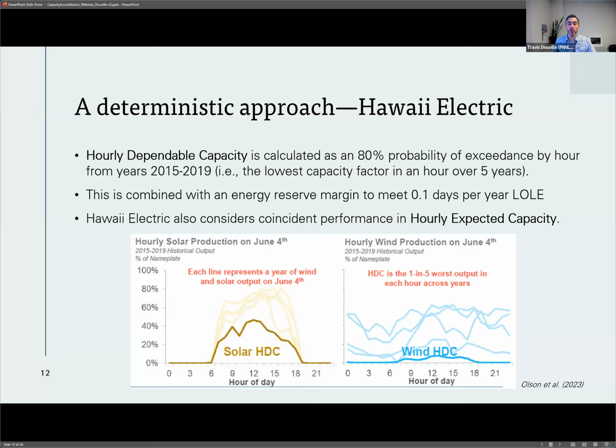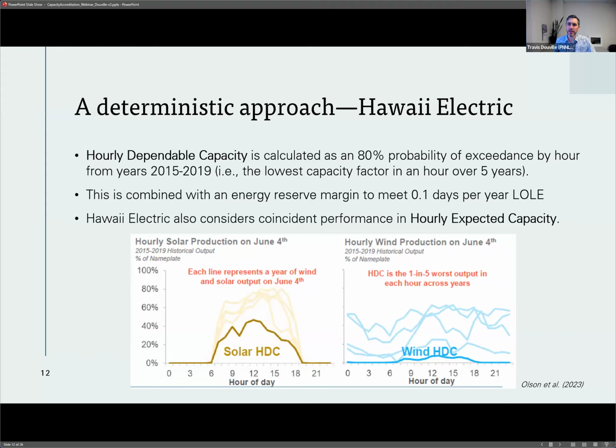This method does not assume coincident production. So if there was a high wind hour during a low solar hour, for example, only the worst solar hour and the worst wind hour for that hour of the year over the 5 hours that are available from the deterministic record that's being sampled, only the worst of both will be taken, irrespective of whether or not they were coincident.